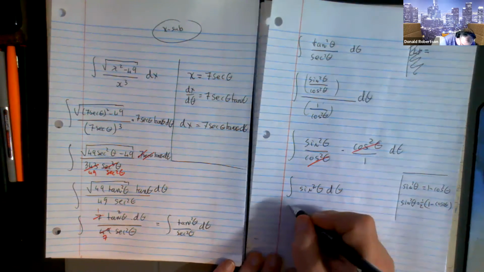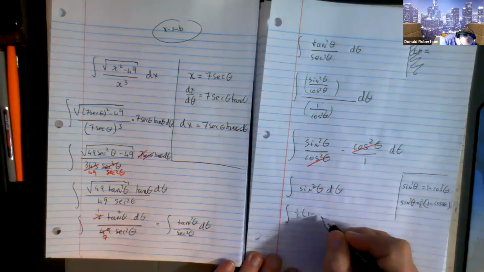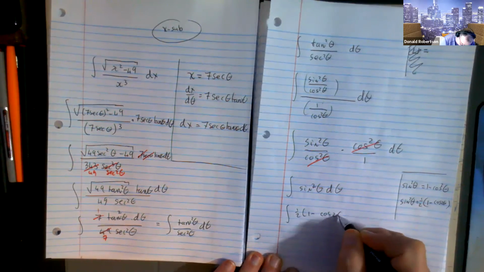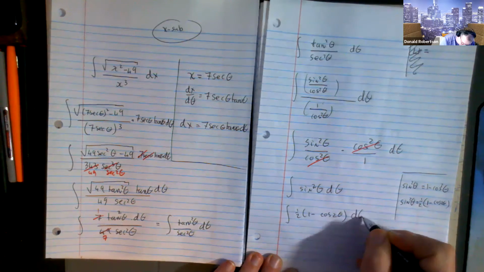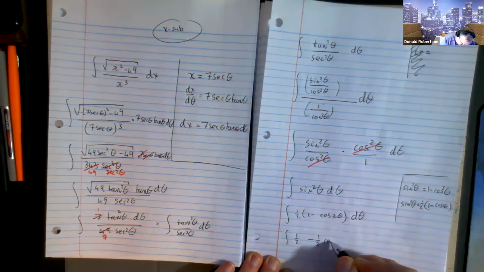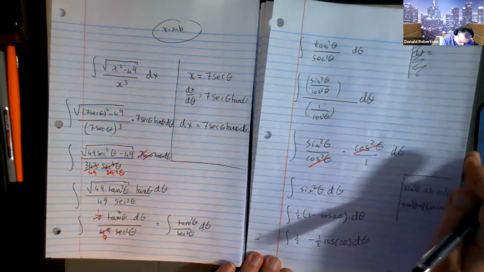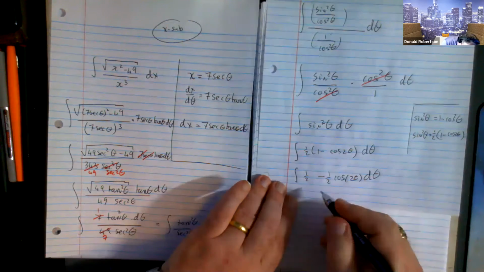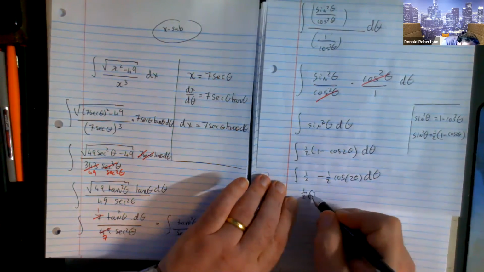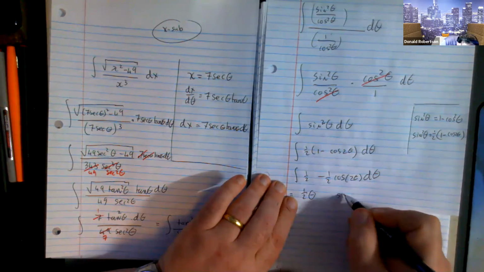So this fella is now going to be that guy. And this fella becomes that fella. And now I can integrate. A half gets me a half theta. And if you integrate a cosine, you get a sine.